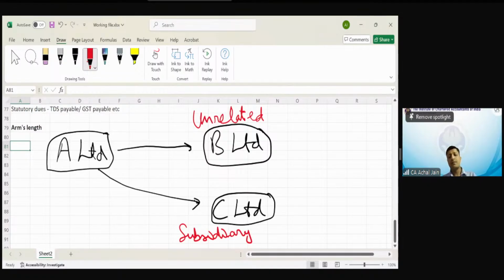Yeah. In this case, it may happen that in respect of sales, let's suppose A is selling to both the parties.